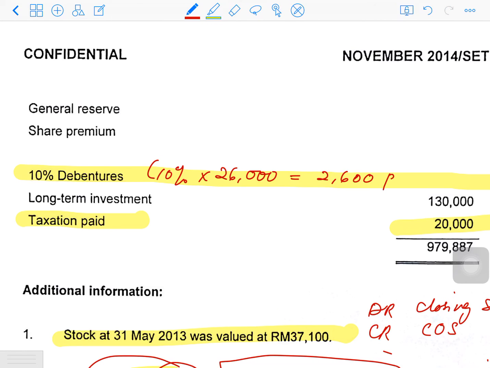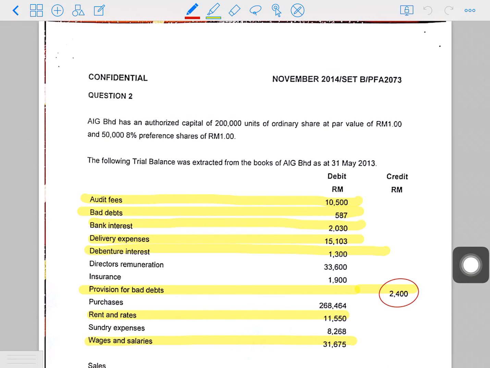Per year. Now, how much have they paid? In the trial balance, how much does it say they paid? 1,300. Right? It is not enough. They only paid half a year. So you have to add another 1,300.